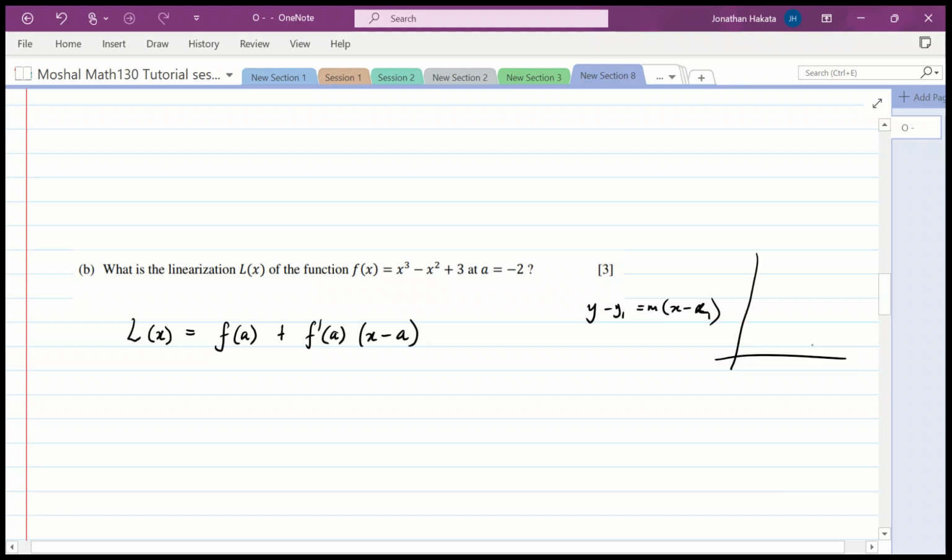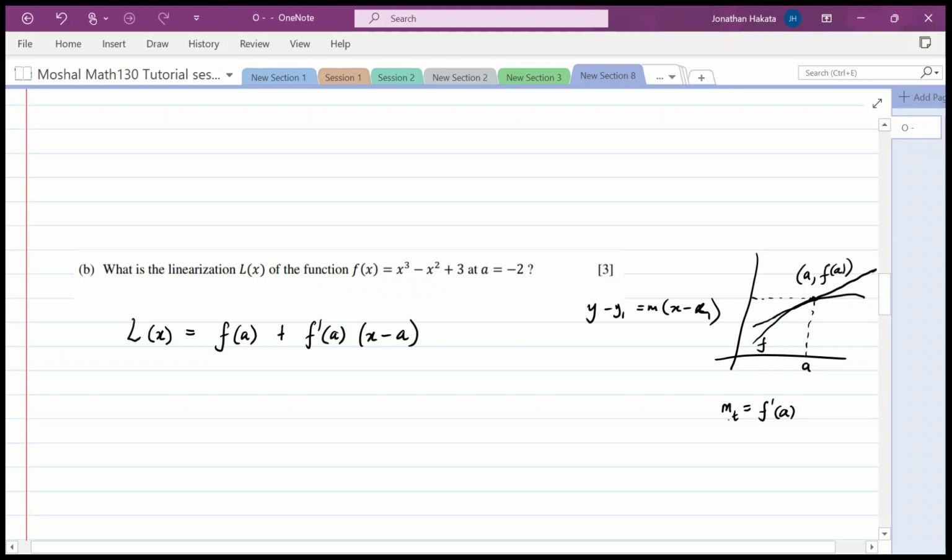So if you have a function like this and we have a curve at this point A, if we want to find the linearization at that point, if we want to find the equation of this straight line, which is a tangent at that point, what we do is, if this curve is called f, the gradient of the tangent m_t is equal to f prime evaluated at A. Okay, and the coordinates of this point are A, the x coordinate, and the y value at this point is the evaluation of the function there.